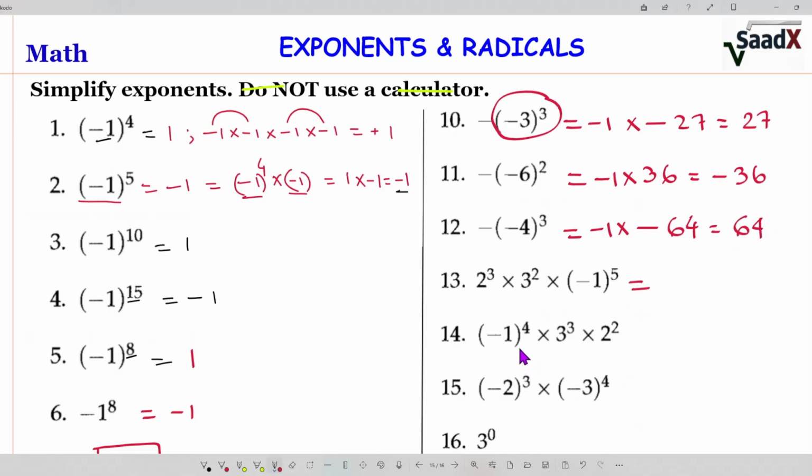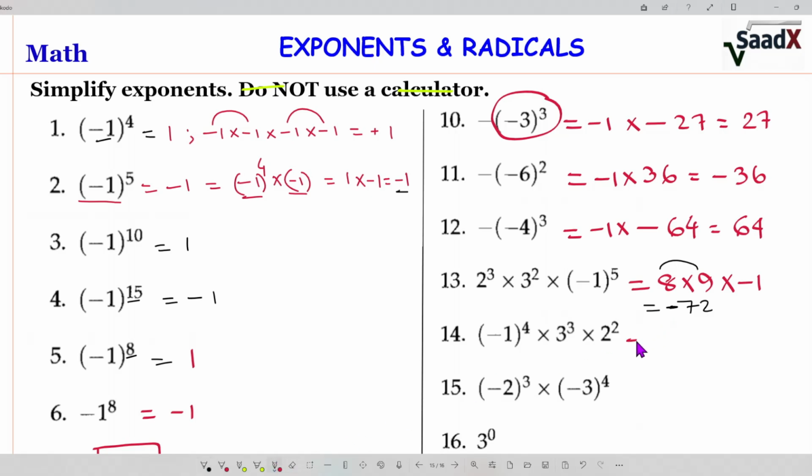Next, 2 cube is 8, times 3 square means 9, times negative 1 to the power 5, which should be minus 1. So what will be the answer? 8 times 9 is 72, and times negative, it's minus 72. Very simple.